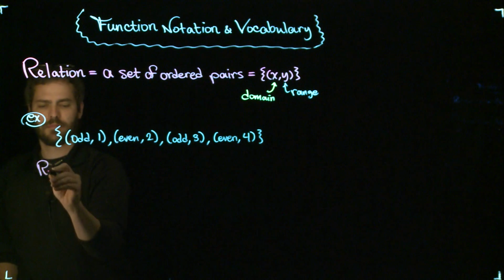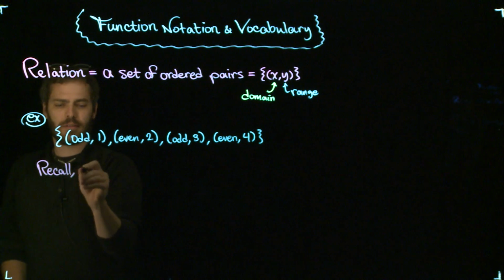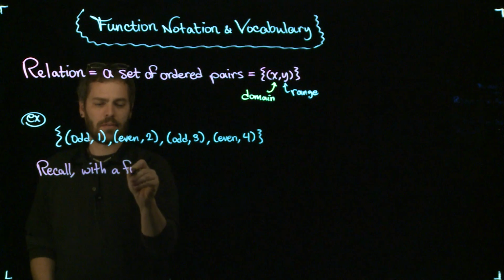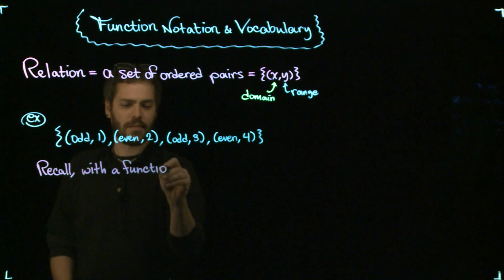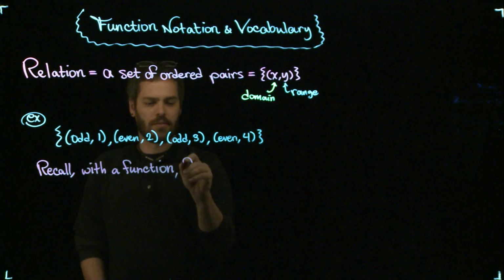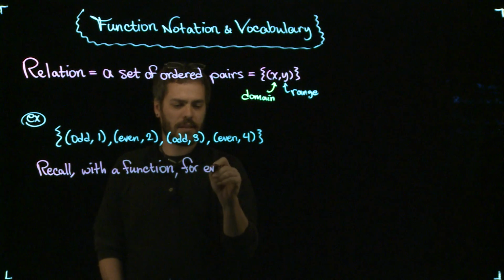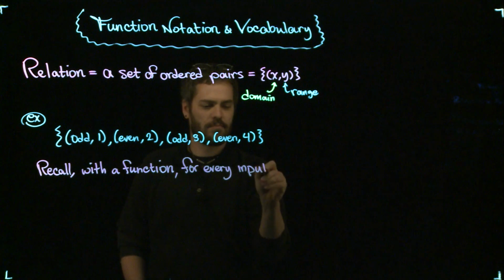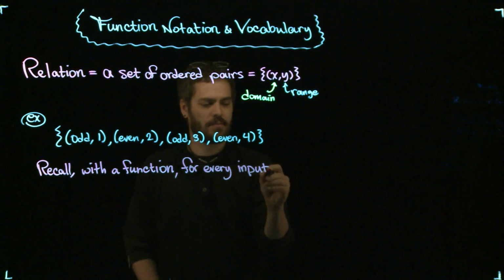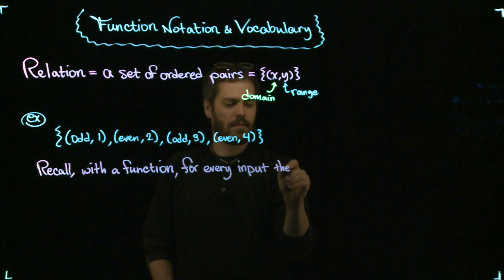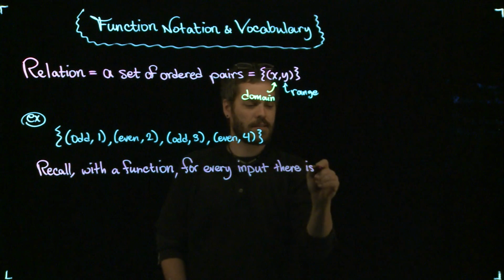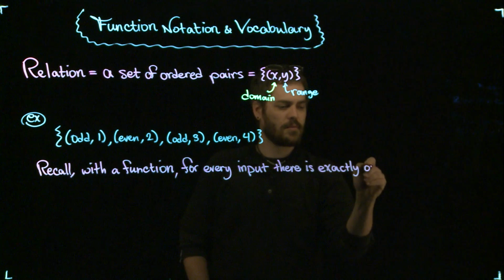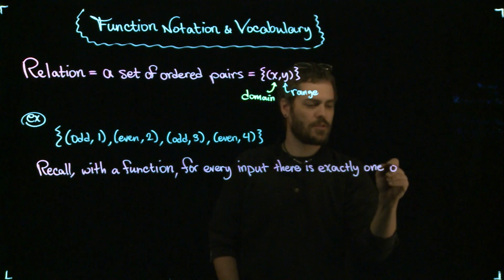So recall, with a function, for every input, those are the x values, there is exactly one output. One output.